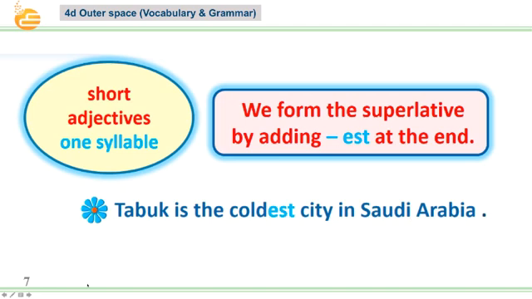So we add est on the short adjectives, 1 syllable. This is a superlative. We know the superlative is used for more than 2, and we add est to the short adjective. Short adjective means 1 syllable, like cold. Okay?